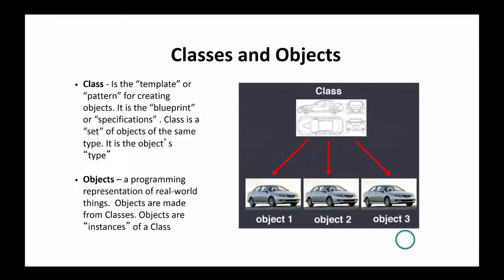We always get our ideas from real world objects. As I said, objects are made from classes, or another way of saying it, objects are instances of a class. Now I know this is a lot of theory. I will be taking some real world examples in the next few minutes, and it will become clear to you once we use some examples.